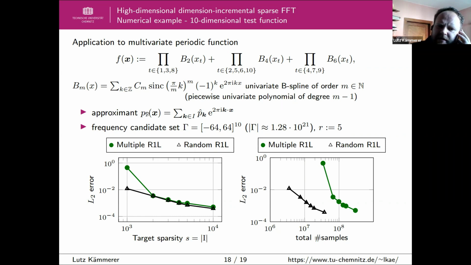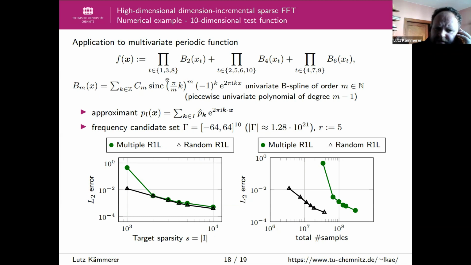And okay, we just assume nothing. We just assume that our frequency set is in this set somehow, and we try to approximate this function by the polynomial that comes out of our algorithm. That's the idea. And what should come out?